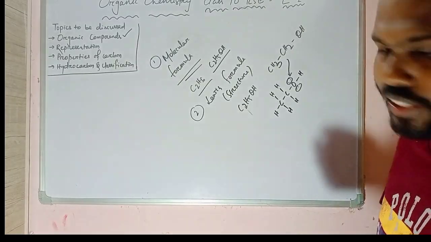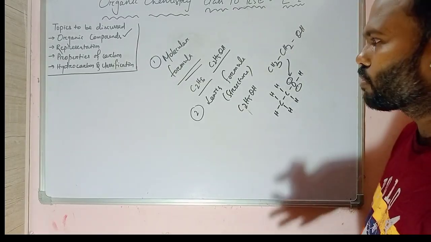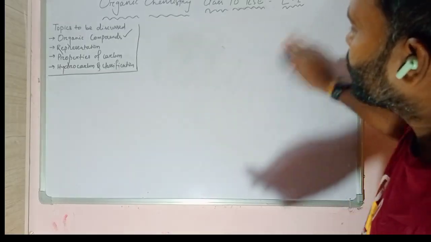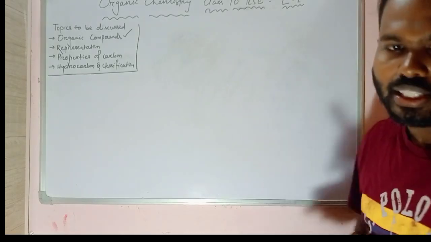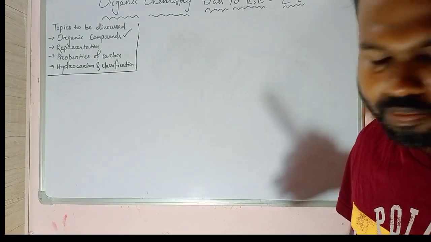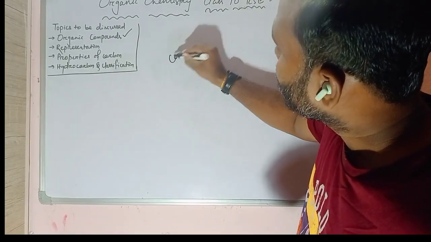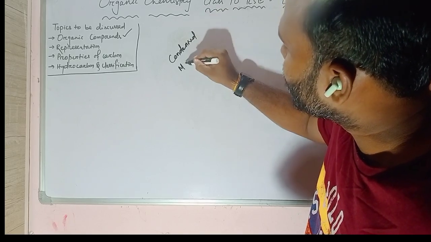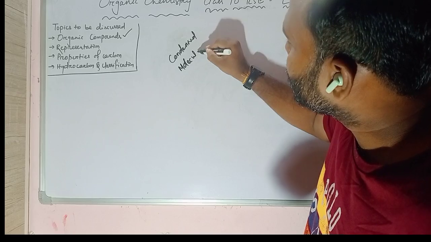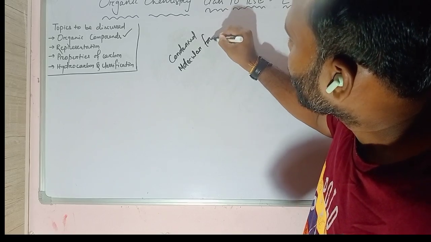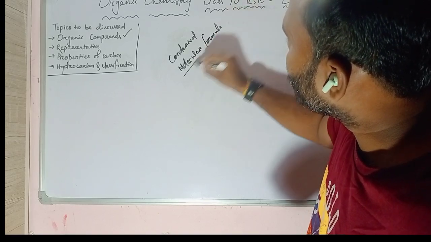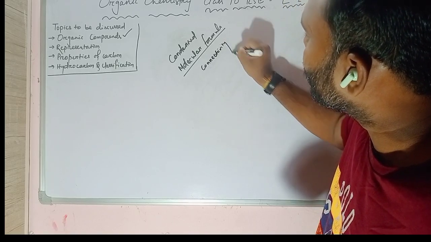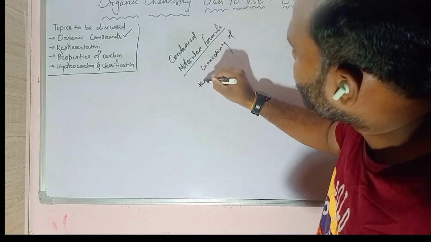The third form of representation is your condensed formula, the condensed molecular formula. In the condensed molecular formula, it represents the connectivity of the atoms.